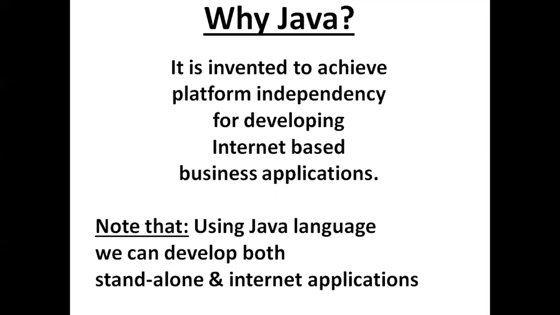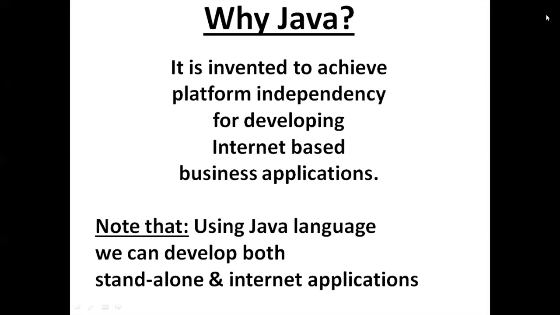Did all the people understand? Then now my question is, what type of applications are we here to develop? We are learning only core Java in these sessions. As part of core Java, what type of applications are you developing? Only standalone applications. You are not going to develop internet applications.